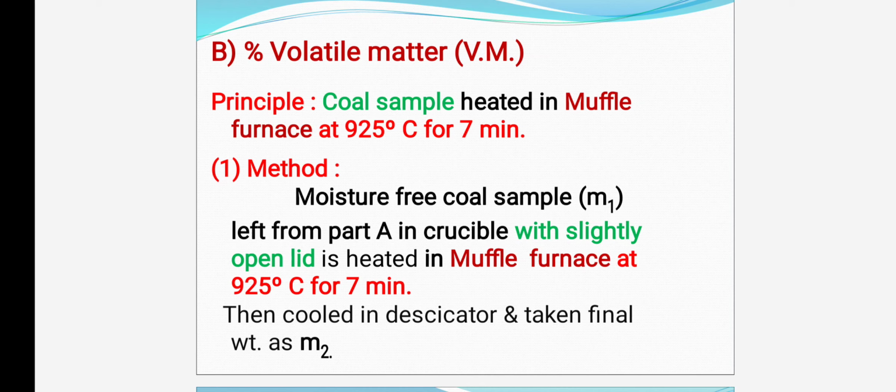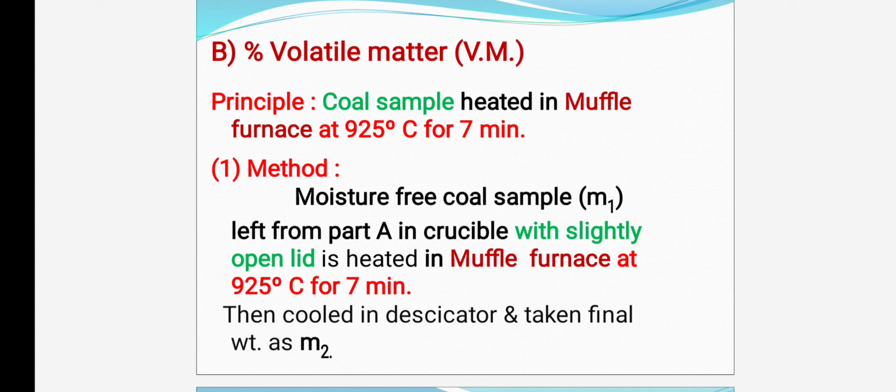Now the method. As you know, we already removed moisture from the coal sample, and we got weight m1 after removing the moisture. So we will begin with m1 weight for volatile matter. Take m1 coal sample, that is the weight of the coal sample in the crucible.